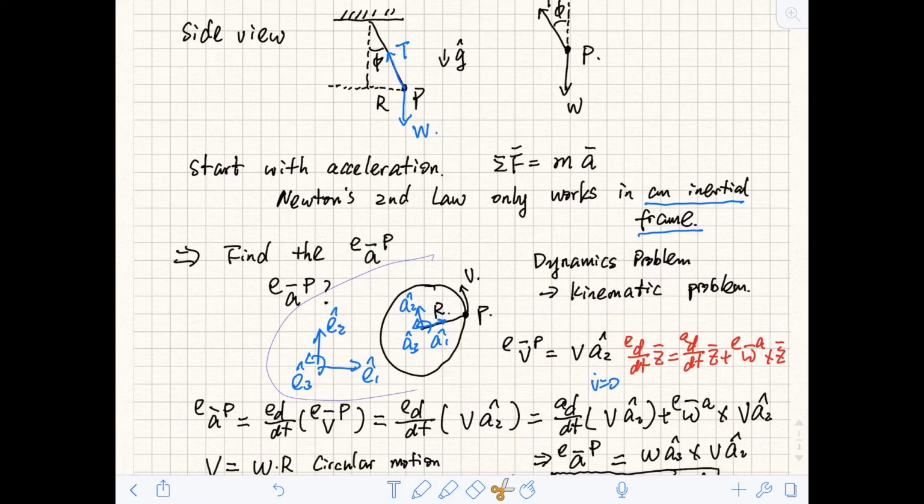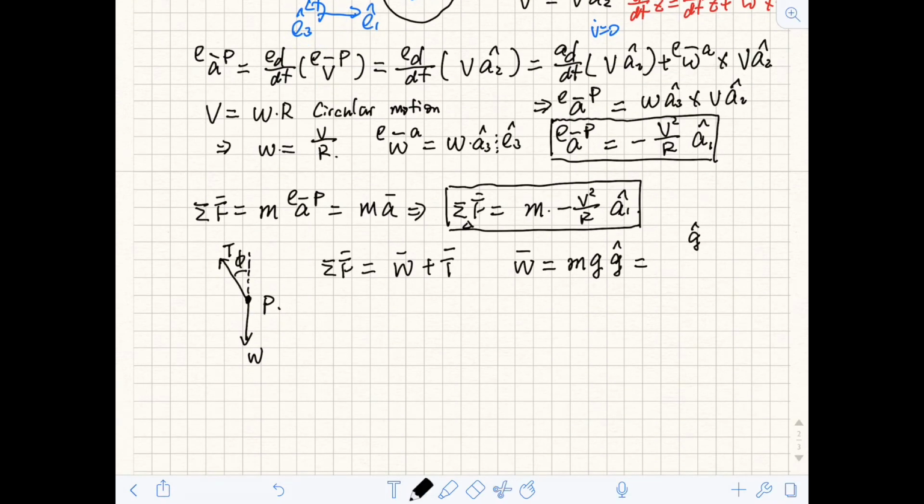When we drew the reference frames, we were looking from the top, so g is pointing into the paper, whereas we have A3 and E3 defined as pointing out of the paper. So g hat has the negative direction of A3, which is also E3. So W is equal to negative mg A3 or negative mg E3.